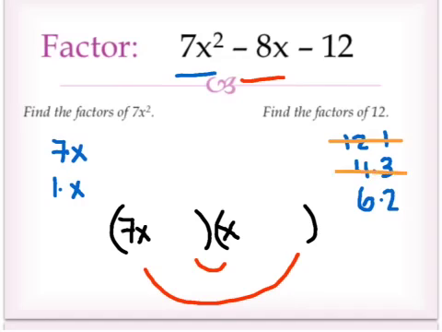Well, if I put the 6 here, that's going to be too big. Okay, 42, that's too big. If I put the 2 here, that gives me 14, so 7 times 2 gives me 14. And then if I put the 6 here, well, 14 minus 6 gives me 8. So I know that I can try that out. So I'm going to put the 2 here, the 6 here.